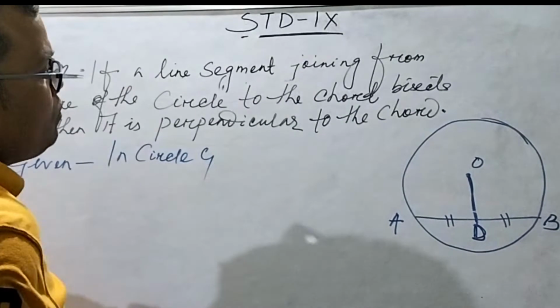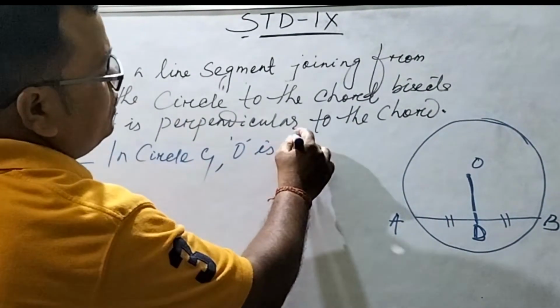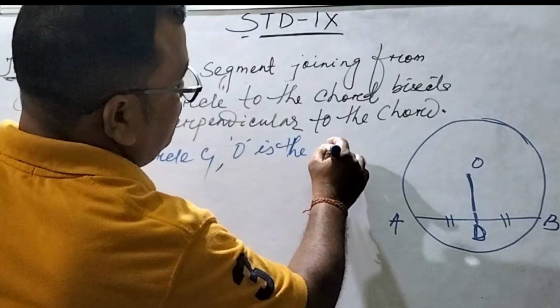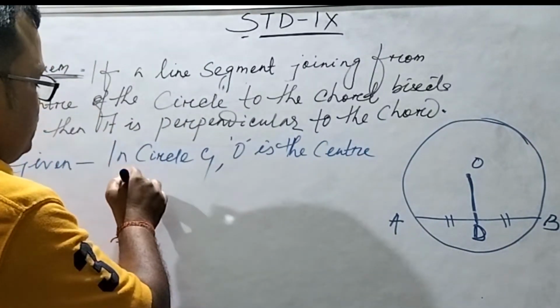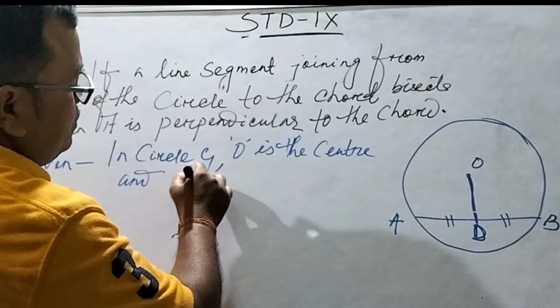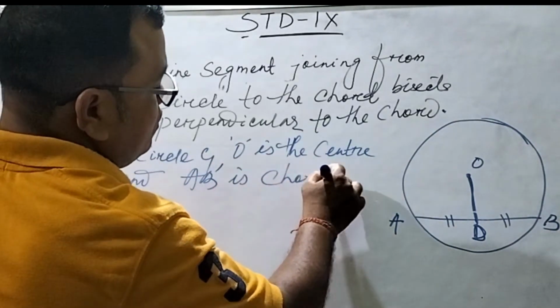Now let us write what is given. In circle C1, O is the center and AB is the chord.